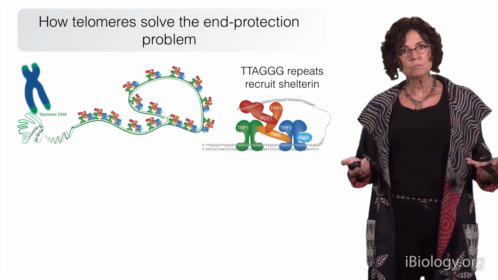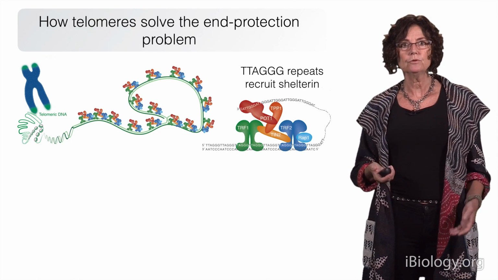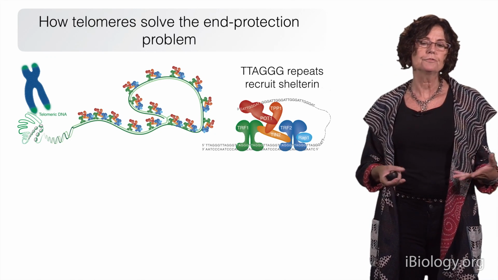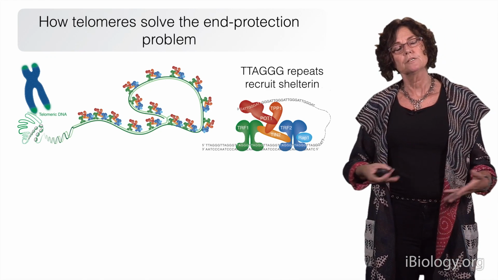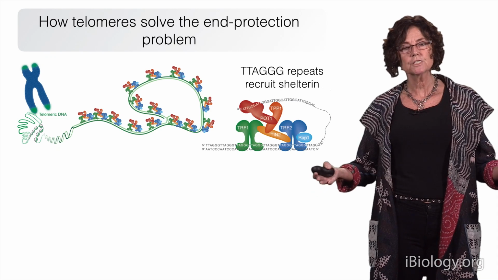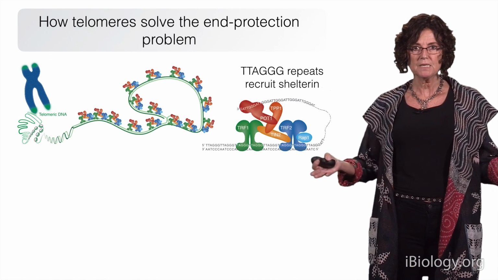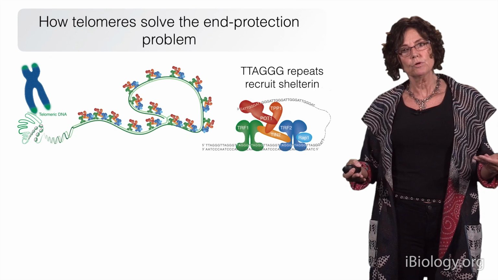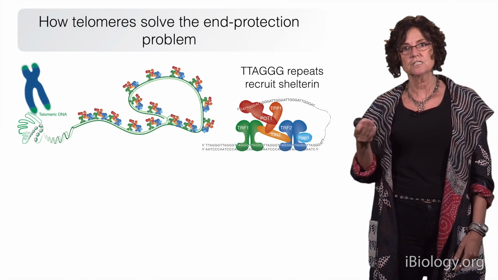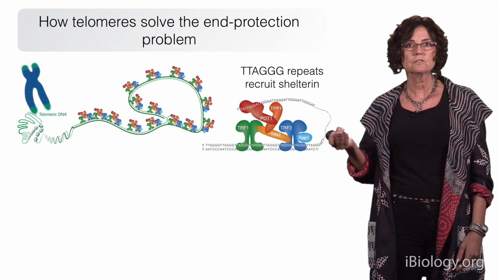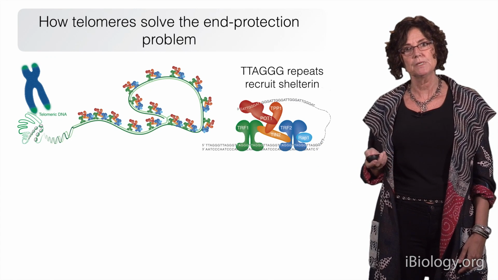So, in summary then, I discussed with you how telomeres solve the basic tenets of the end protection problem. Telomeres are made up of a long stretch with very boring repeat sequences. This is important because it provides many binding sites for Shelterin, the 6-subunit complex that's recruited onto the telomeric repeats.